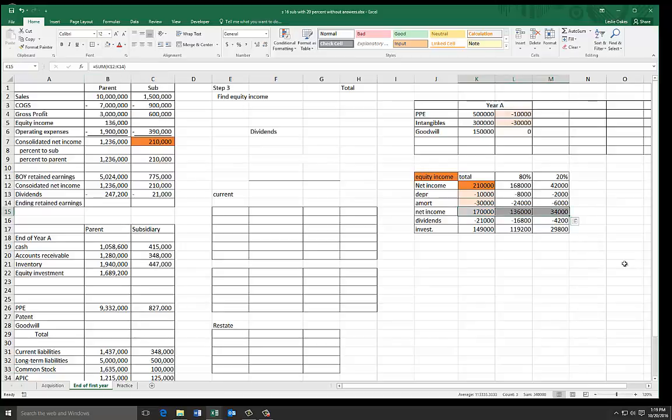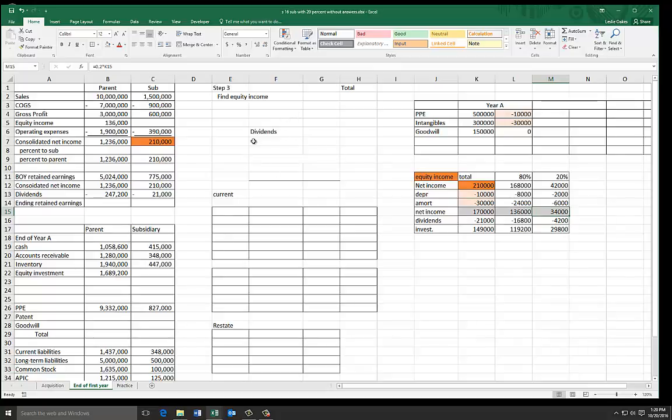For convenience, I'm going to look at the impact on the investment, but everything above the gray is the net income. So here's the 80% of each of those items leading to 136, and here's the 20% non-controlling, and that's going to lead to 34,000.